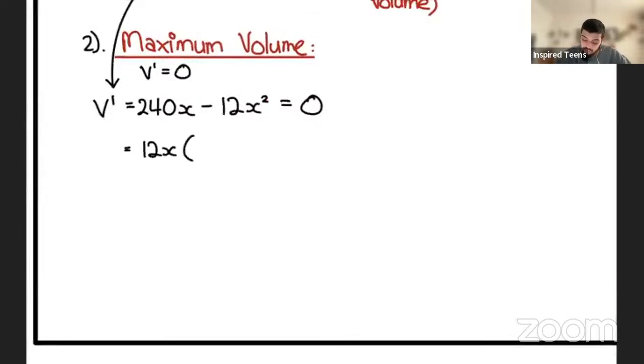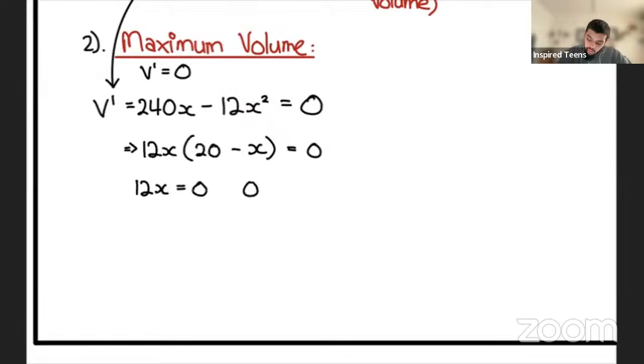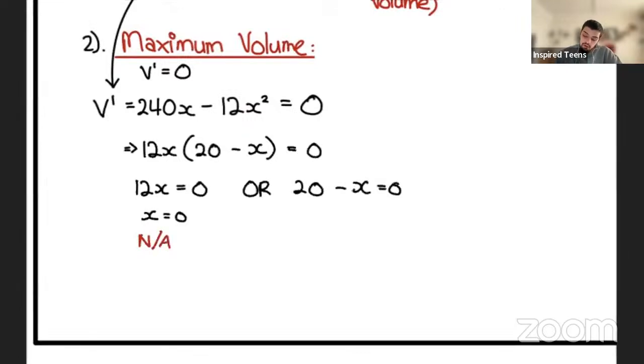When we take out 12x, we are left with 20 minus x, which is equal to 0. So 12x is equal to 0, or 20 minus x is equal to 0. x equal to 0 is not possible because we cannot have the distance being 0. Alternatively, x is equal to 20 if I take x over to the other side. So this is definitely the answer: x is equal to 20, and it would be centimeters.